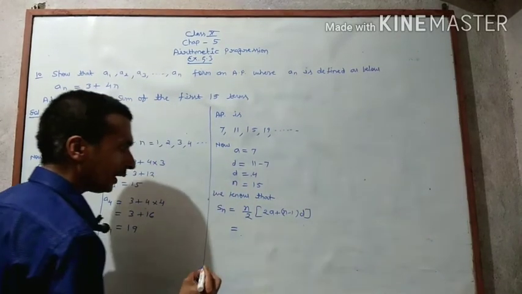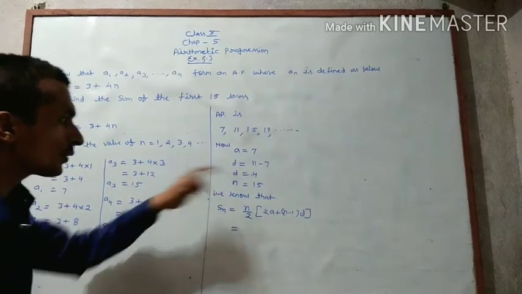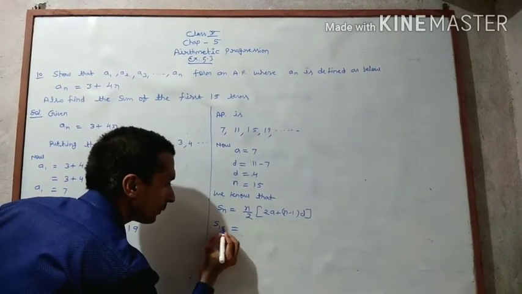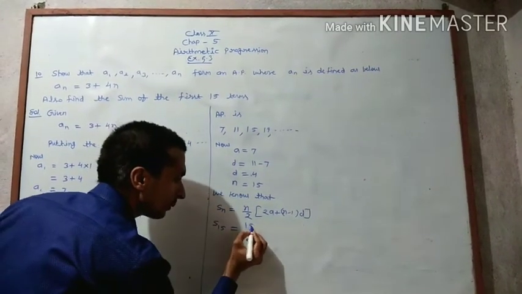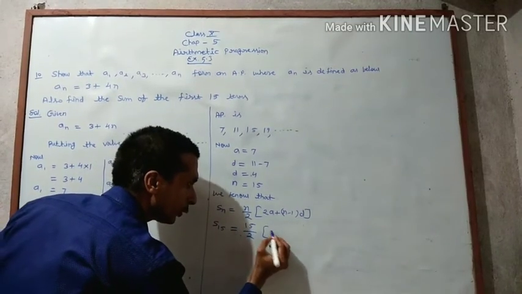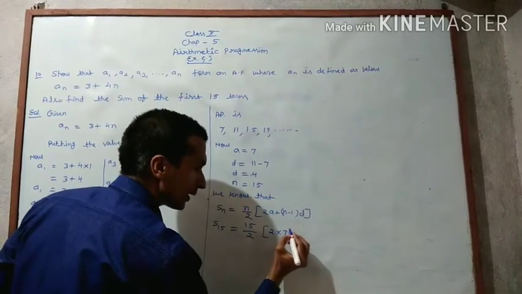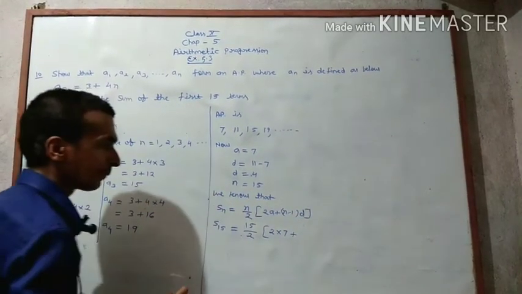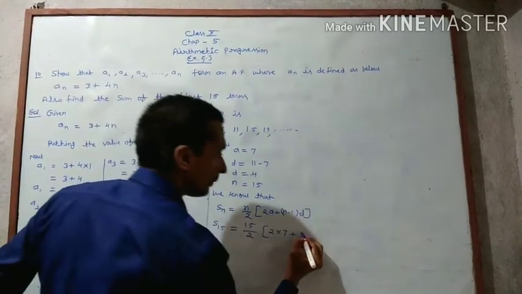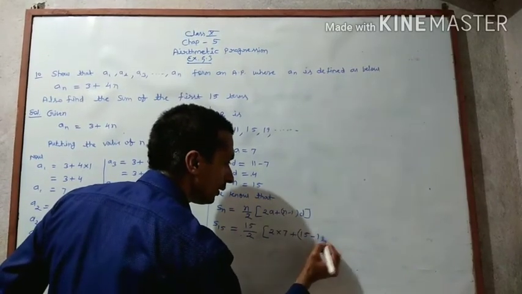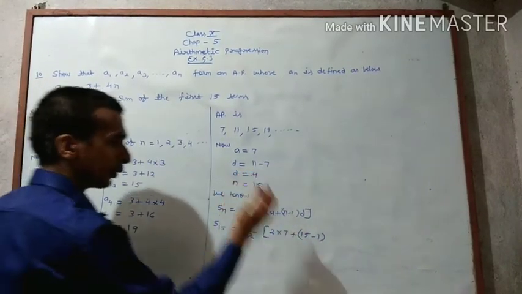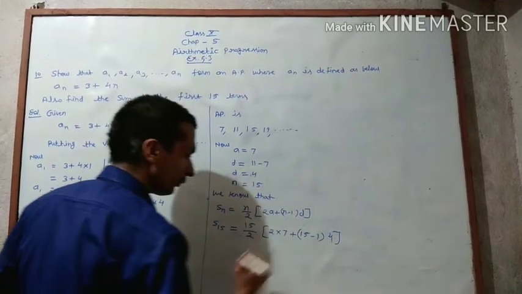Now you can put the value of n, which is 15, so you have to write 15 upon 2, and 2 into a, the value of a, how much? Here it is 7. 7 plus n minus 1 d, and the value is 15, 15 minus 1, and the value of d here is 4. So you have to put the value 4.